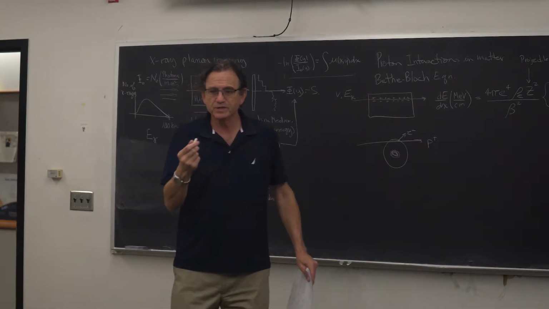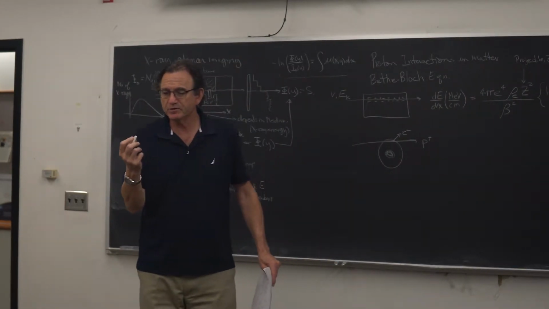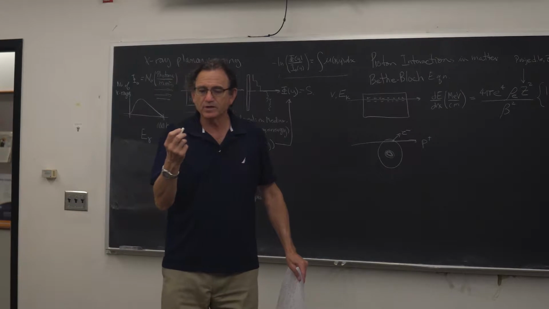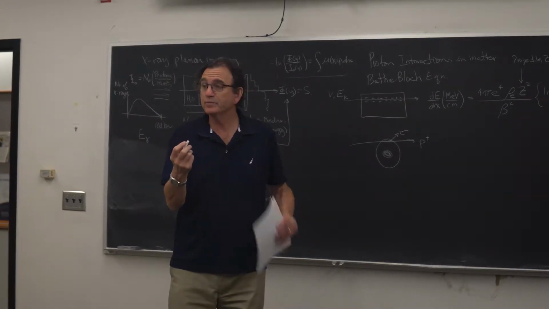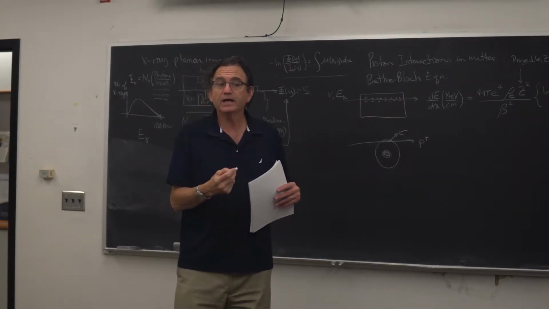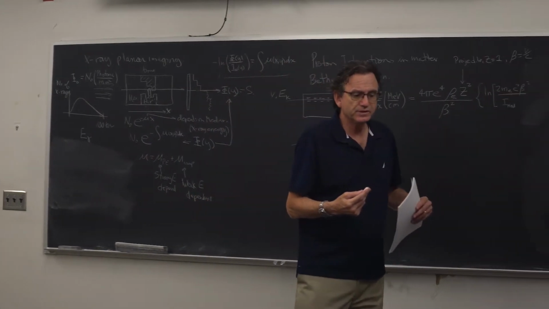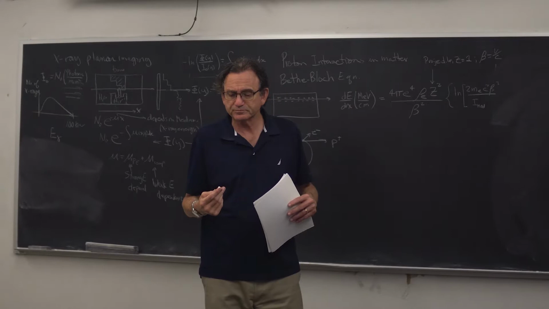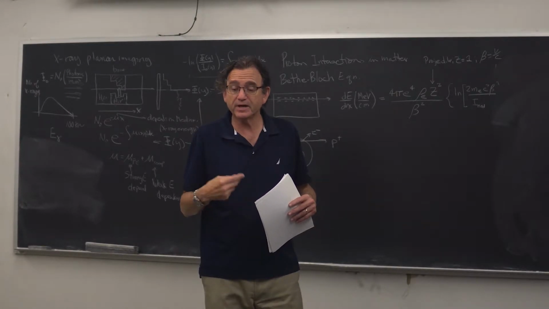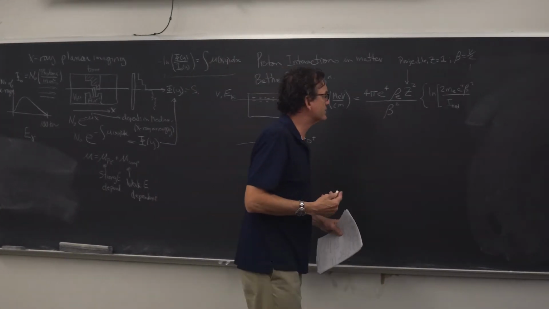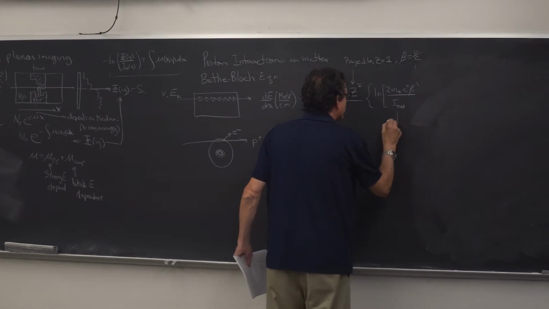In other words, every material composed of certain atoms will absorb energy from the beam, and there will be an average energy loss produced by the beam, in order to create that ionization. So this is called the mean ionization potential.